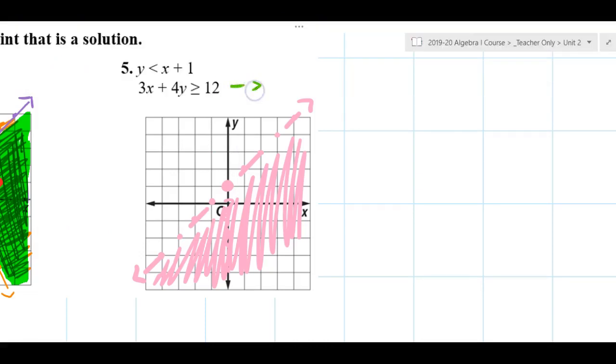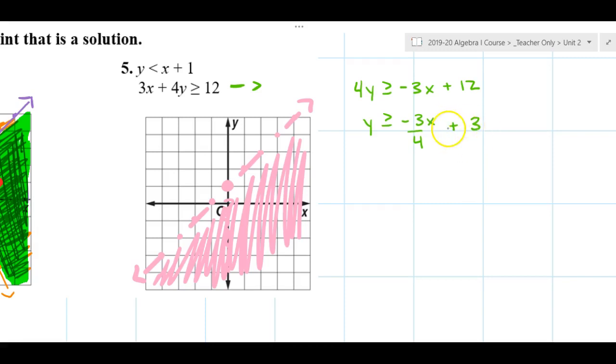Before we graph this, we need to get it in y equals mx plus b form. I'm going to subtract the 3x over. 12 is positive, and now I'm going to divide all terms by 4. 12 divided by 4 is 3.